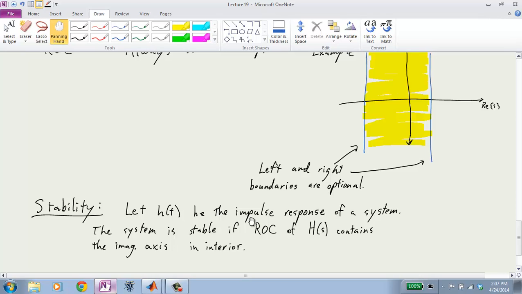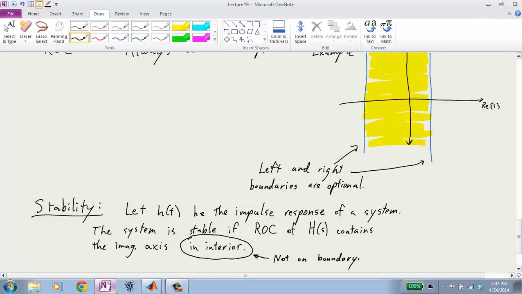If we add this thing here, saying in its interior, that just means not on the boundary. Then we can conclude that it's actually going to be a stable system.